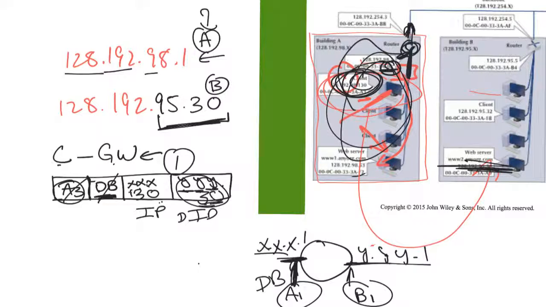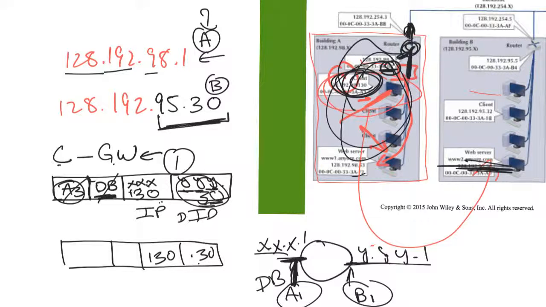Now at the message leaving the gateway, the following will happen. It will create the following connection. One thing you need to keep in mind is that the source IP address, which is the 130, and the destination IP address, which is the .30, do not change anywhere.